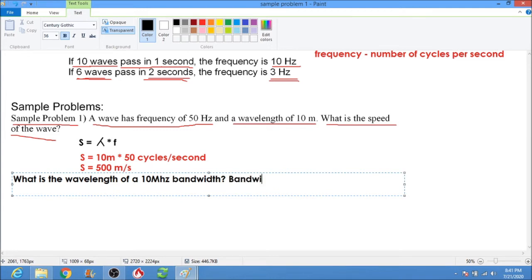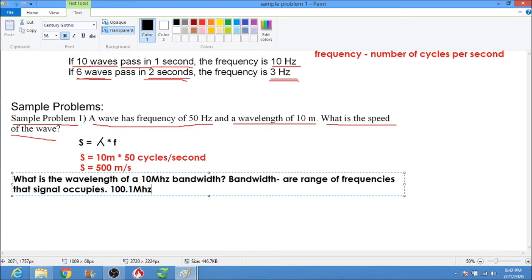Bandwidth is a range of frequencies that a signal occupies, or say for example a channel. Take an FM station at 100.1 megahertz.